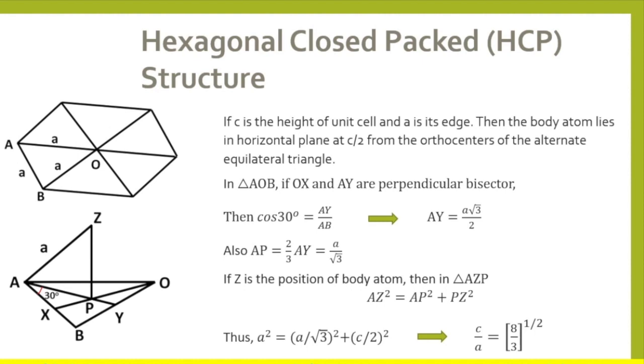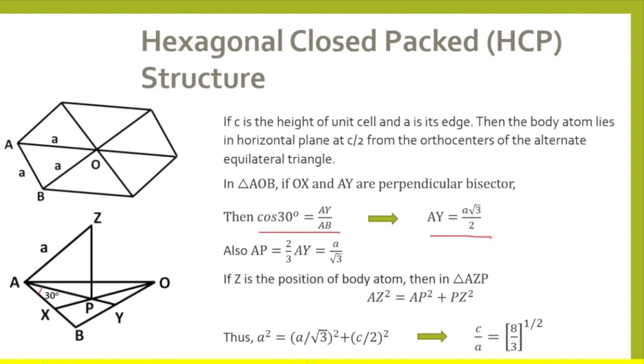So here you can see that the angle BAO is 60 degrees. Then the perpendicular bisector drawn from A on BY will divide the angle BAO in half, equal to 30 degrees. So if we see the triangle BAY, then cos 30 degrees will be AY upon AB, and so we can get the value of AY.